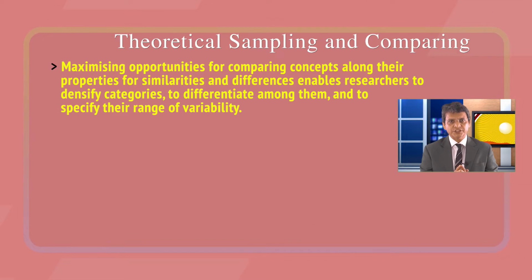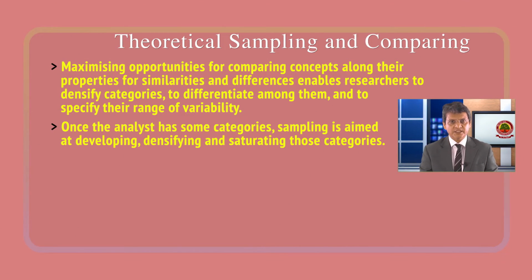Maximizing opportunities for comparing concepts along their properties for similarities and differences enables the researcher to densify categories, to differentiate among them, and to specify their range of variability. Once the analyst has some categories, sampling is aimed at developing, densifying, and saturating those categories.